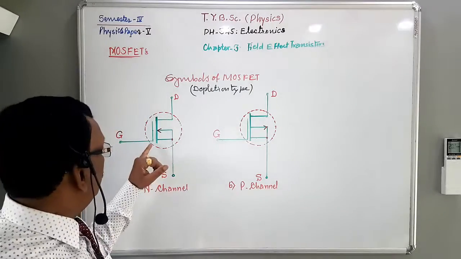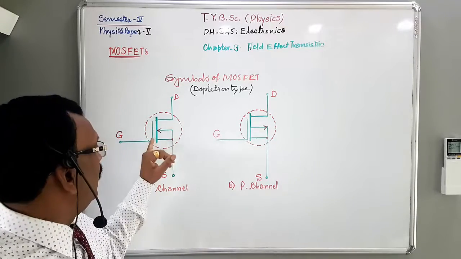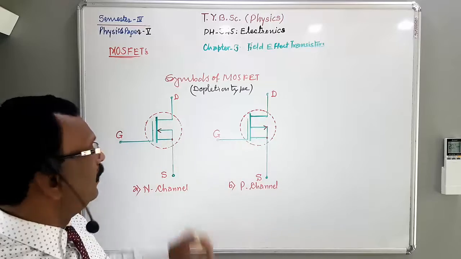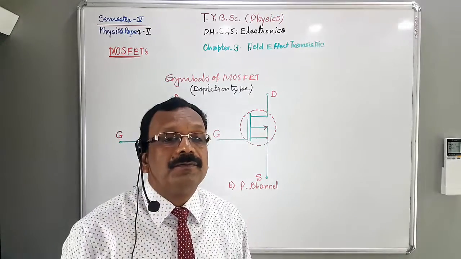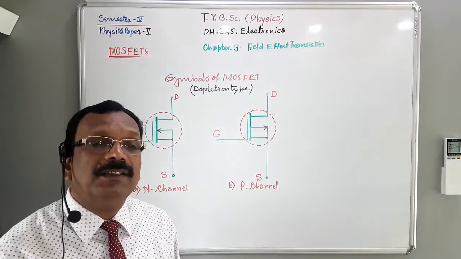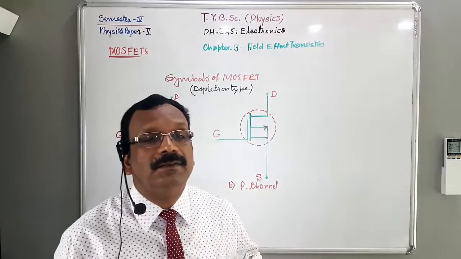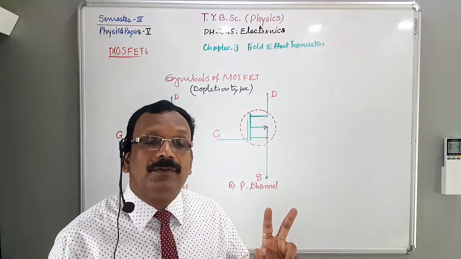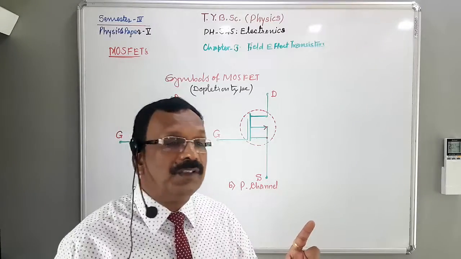This thin vertical line represents the channel. This indicates that the arrow on the P substrate points towards the channel.